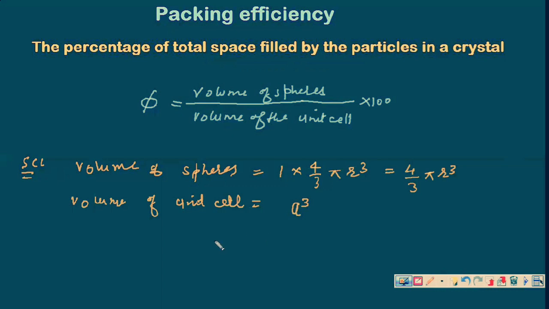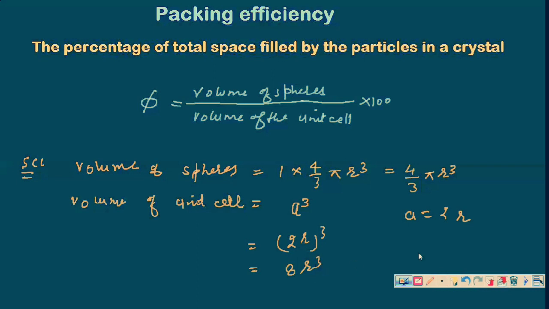We know very well in case of SCC, A is equal to 2R. So here it is 2R cube, and 2R cube means 8R cube.